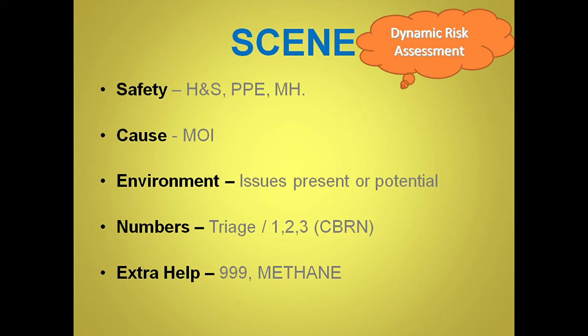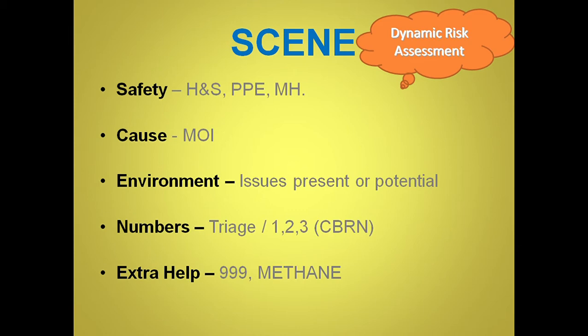This may include using the well-known methane mnemonic to declare a major incident, which we'll go on and look at in full now. But in most circumstances, it will be dialing 999 and asking for the emergency services.